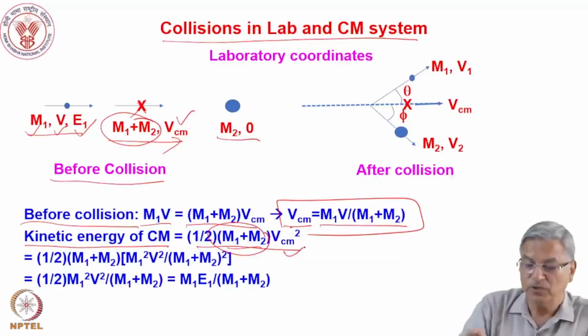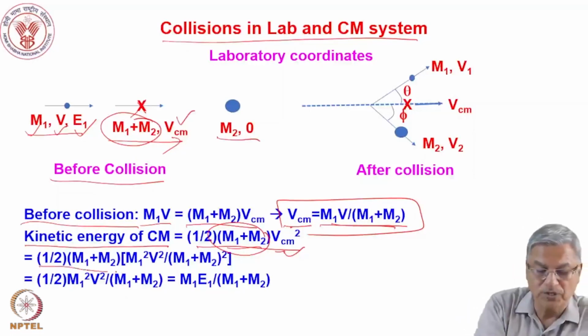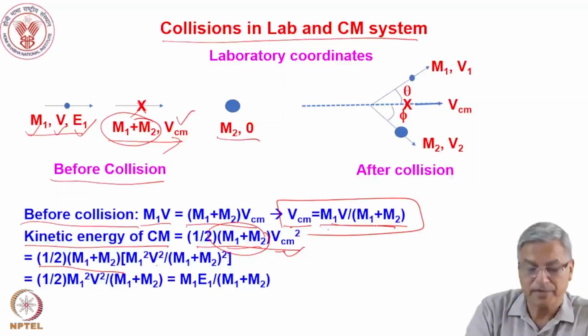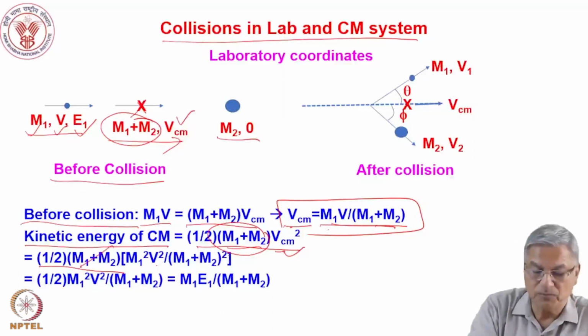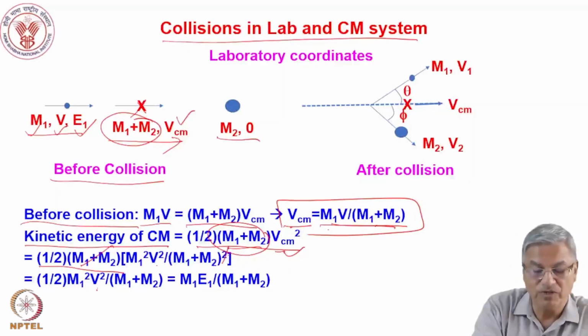Now you can substitute for the Vcm from this formula. Half (m1 plus m2) and Vcm square is written as m1v square upon (m1 plus m2) square. So one (m1 plus m2) will cancel, and we are left with half m1 v square upon (m1 plus m2).